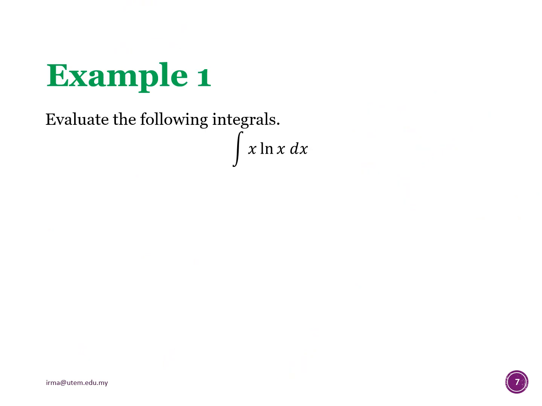Okay, let's look at this example. Evaluate the following integral. We have the function x ln x dx, and we want to integrate it. If you use LIPET just now, x is a polynomial and ln is a log function.